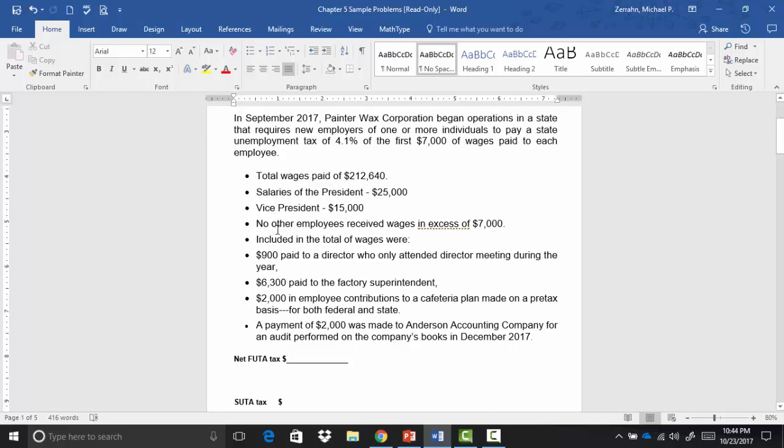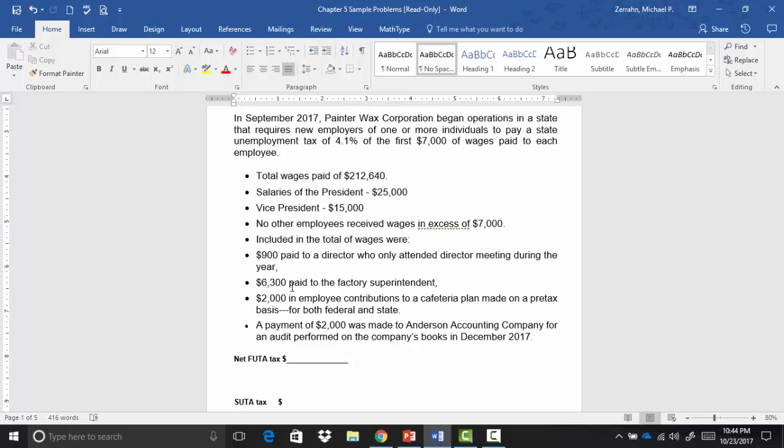No other employees received wages in excess of $7,000. Included in the wages was $900 paid to a director who only attended a director's meeting, $6,300 paid to a factory superintendent, $2,000 of employee contributions to cafeteria plans, and a payment of $2,000 made to an accounting firm.